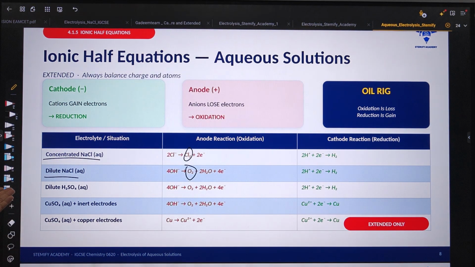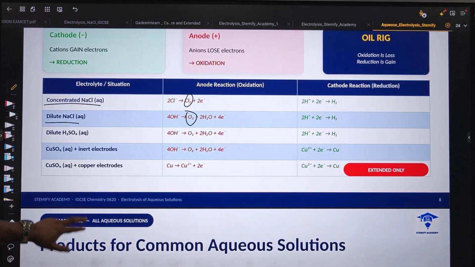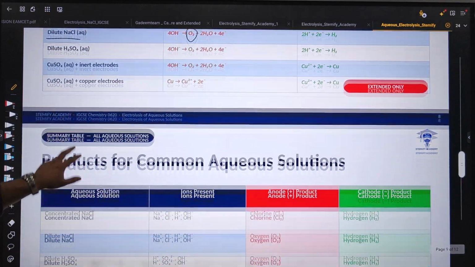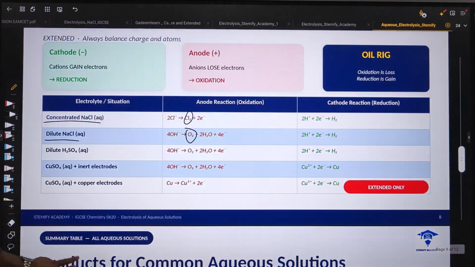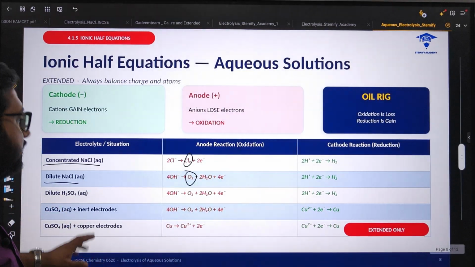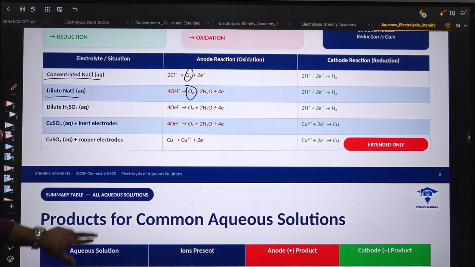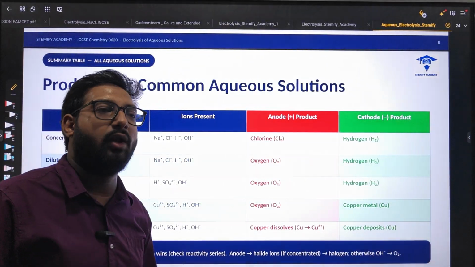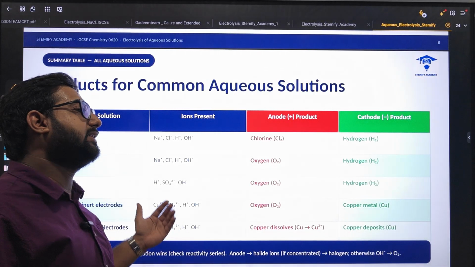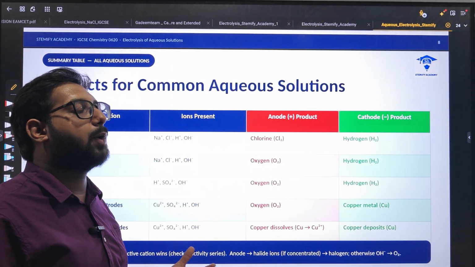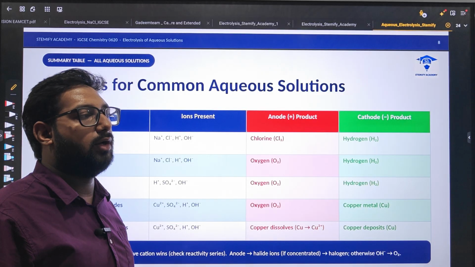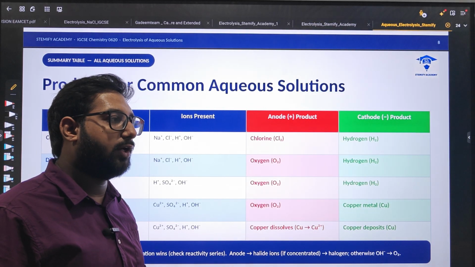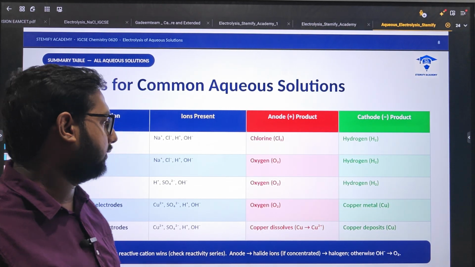There are also other half equations present here. You can take a screenshot of this table as well. This table is very, very useful because it will help you write the products of electrolysis of aqueous solutions.